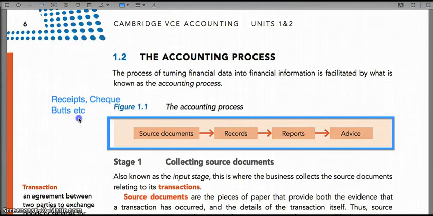Records, we're talking about recording those into journals and things like that, which we'll learn about a little bit later.